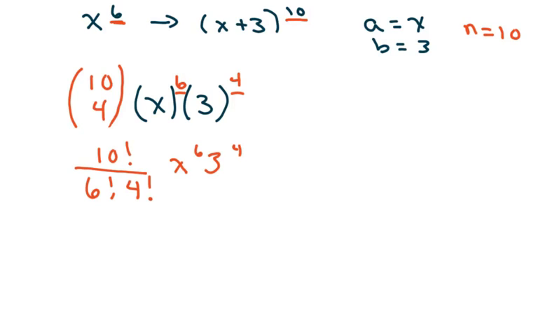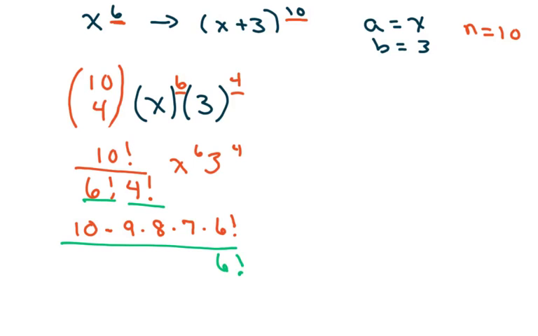And so when you expand this, we're going to do 10 times 9 times 8 times 7 times 6 factorial, because my biggest number is 6 factorial. And then I'm going ahead and write out this one. This is 4 times 3 times 2 times 1. So these cancel. 4 times 2 is 8.